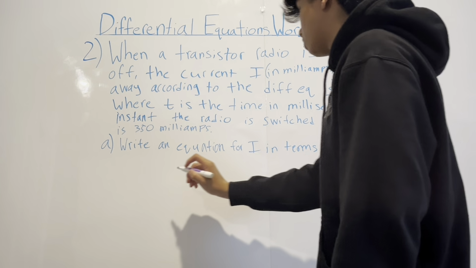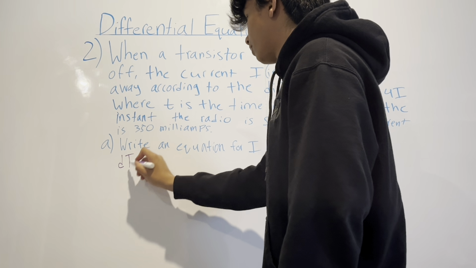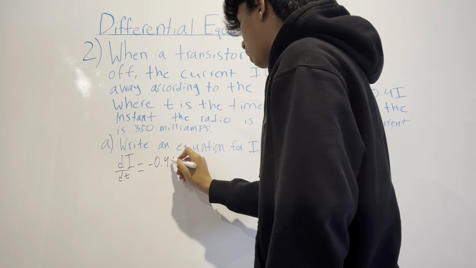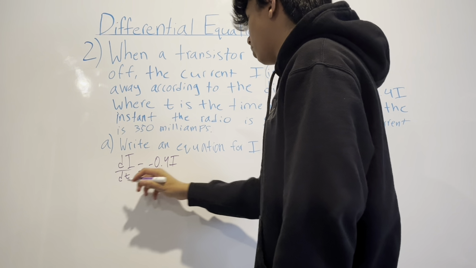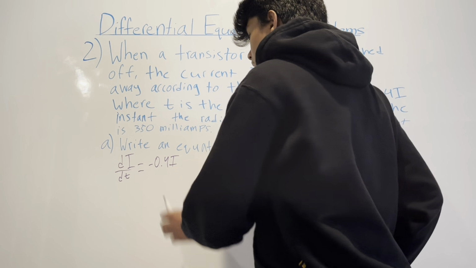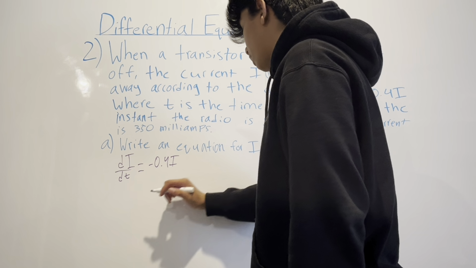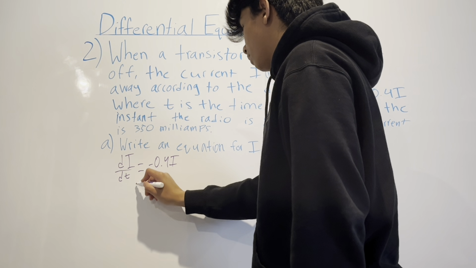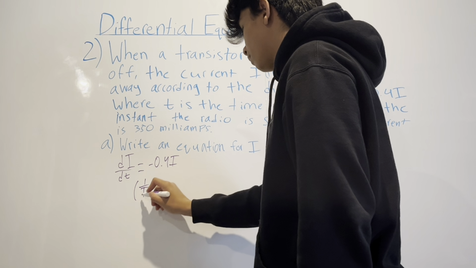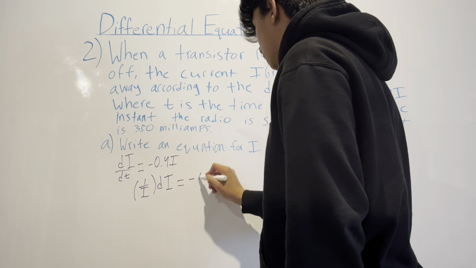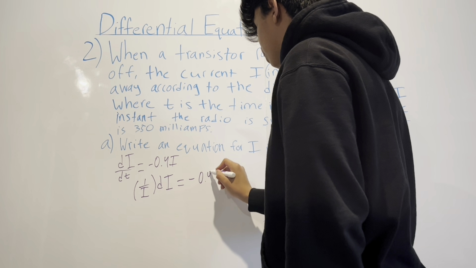So let's do that. So di over dt equals negative 0.4 I. And we're going to divide both sides by I and move dt to the other side. So we get, and we're going to keep negative 0.4 there, 1 over I di equals negative 0.4 dt.